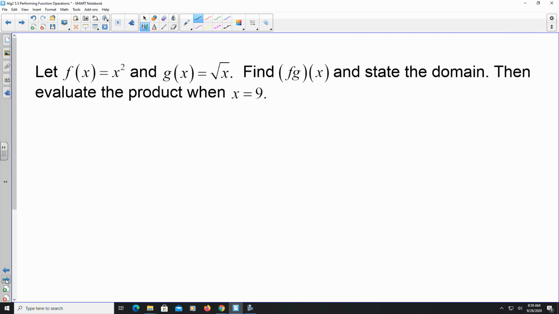All right, so here we have product. So now we have x squared times the square root of x.